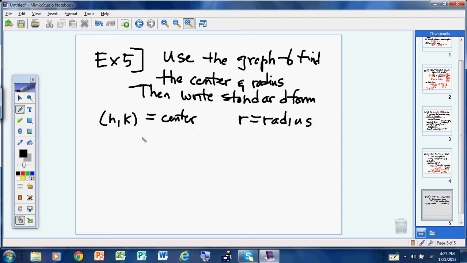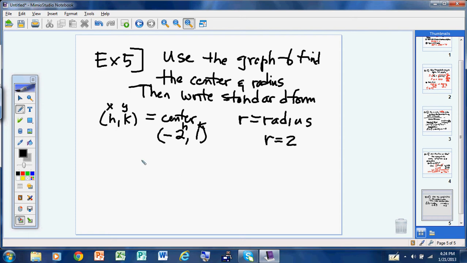Based on the graph, where is the center at? Look at that. It's happening at (-2, 1). This is your h and your k. Notice that that's like an x and a y in the points that we talked about in 2.1. And then our radius in this graph is 2. Count it.